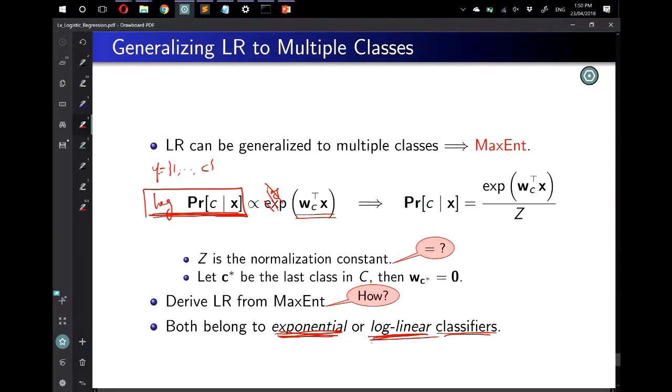In fact, logistic regression or max entropy is only one of the simple models. If we take the log probability, on the right-hand side I don't really need to use a linear function. I can use other more complex functions.